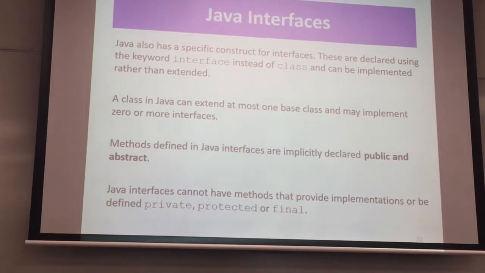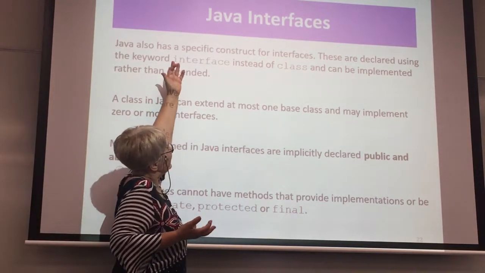We have seen that abstract classes can provide some implementation for their methods, but interfaces are not allowed to provide any implementation. So they are a different type of class.